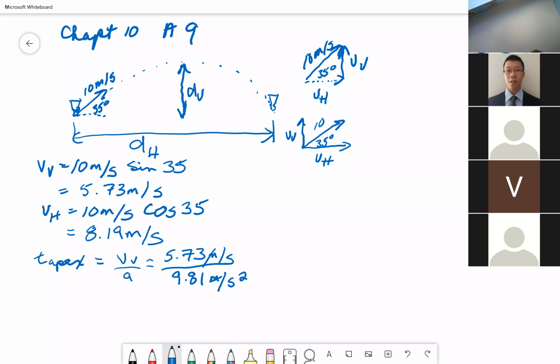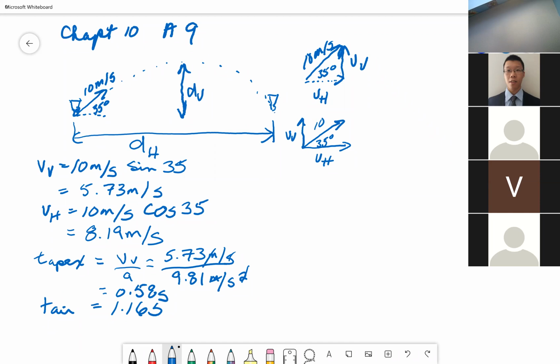Those will cancel, that'll cancel, and the seconds will come up. So I will have time, which is equal to 0.58 seconds, which means the time in the air is going to equal 1.16 seconds. Everybody sees that it's twice that.